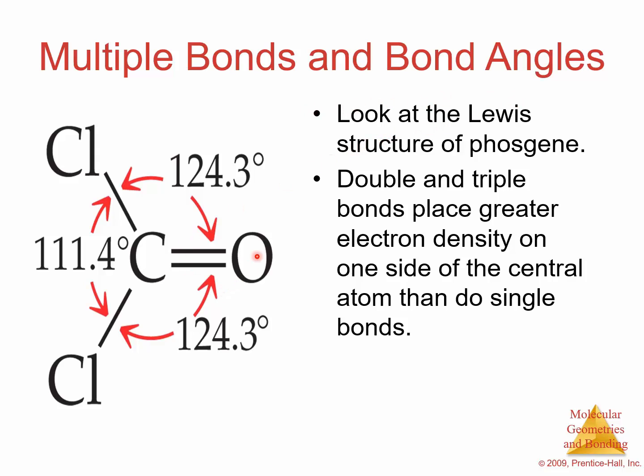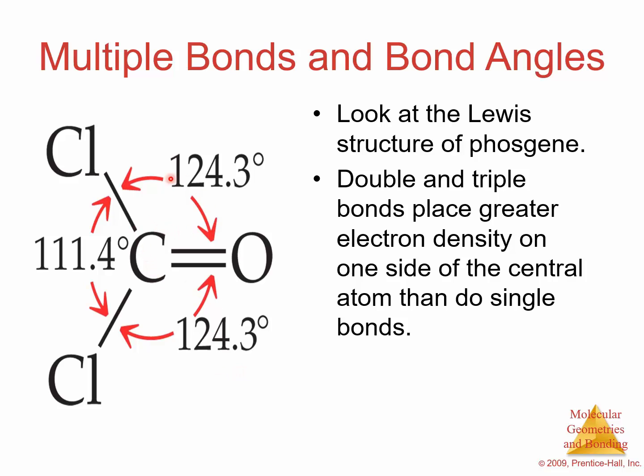Now let's look at the Lewis structure of a molecule called phosgene. You see, this is phosgene. Double and triple bonds place greater electron density on one side of the central atom than do single bonds. So as a result, you see that electron domains for multiple bonds exert a greater repulsive force on adjacent electron domains than do electron domains for single bonds.